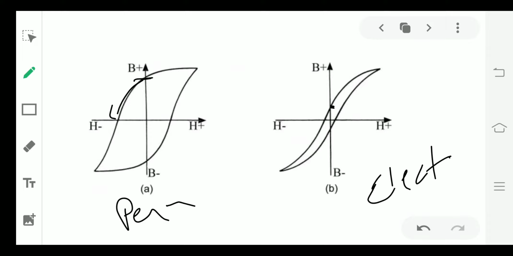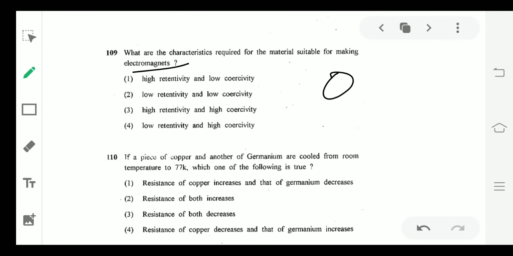So this is an electromagnet, and this is a permanent magnet. So the characteristic property required is low retentivity and low coercivity. This is the answer. I hope you all understand this clearly. Let's move to the next question.